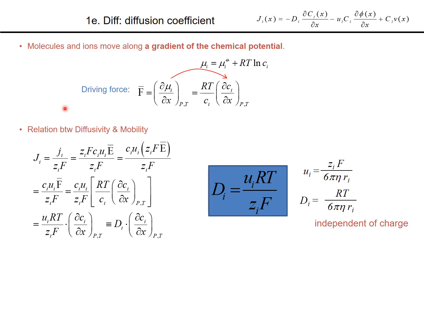And here, let me try to relate the diffusivity with mobility. So this is the mole flux. Mole flux is equal to current density per the charge amount. Then current can be described by the charge concentration with mobility with some electric field.